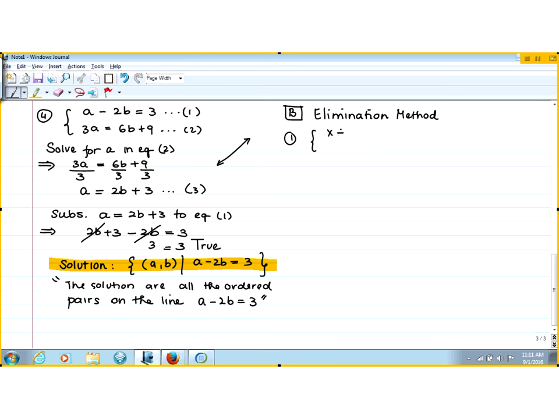All right. So suppose I have x plus y is equal to 9, and 2x minus y is equal to negative 3. All right, and we're doing elimination.